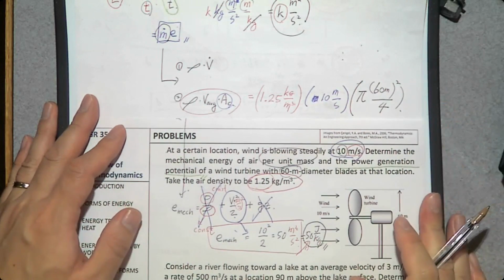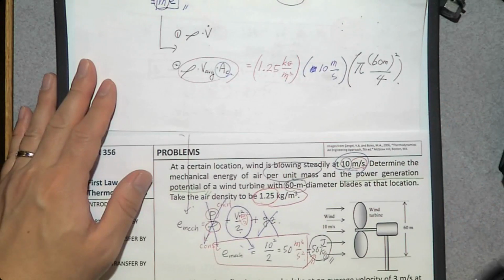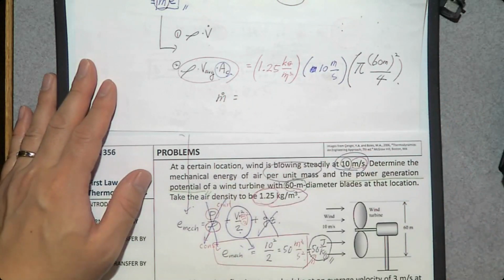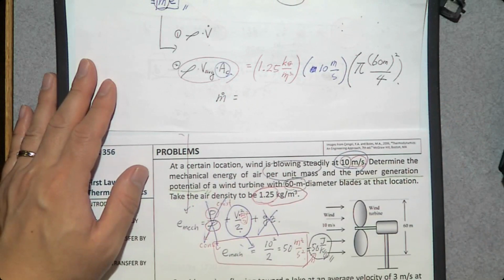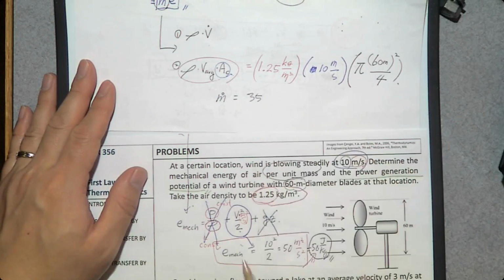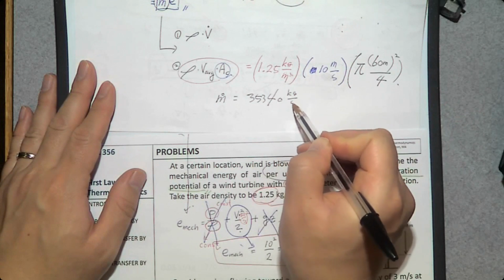So that's how you can determine the mass flow rate. So if you calculate mass flow rate m dot, it is 35,340 kilogram per second.